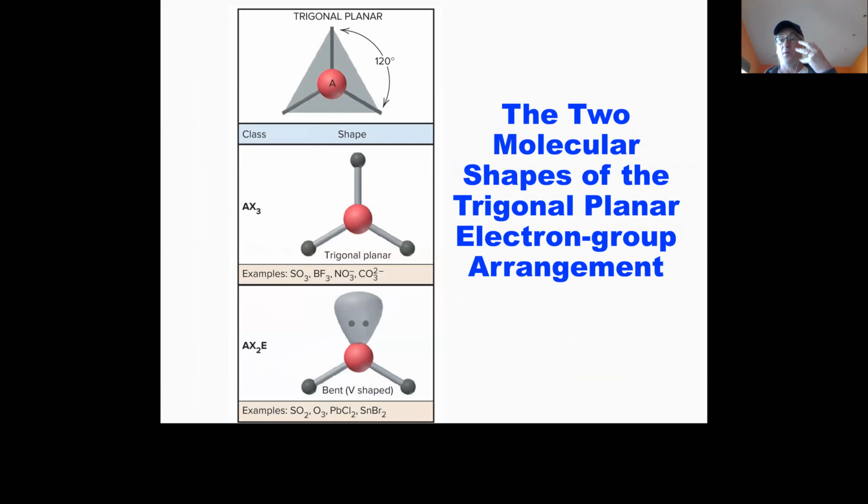And then when we get to 3, we see there are 2 subgroups. There are actually 2 shapes in this particular geometry, because when I have 3 electron groups around, 2 of them can be atoms and 1 of them can be a lone pair. Like for instance, sulfur trioxide.